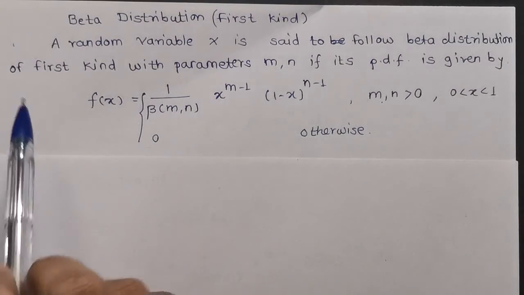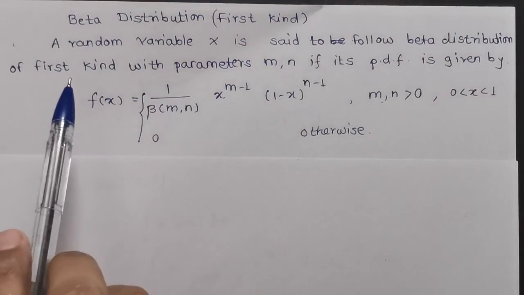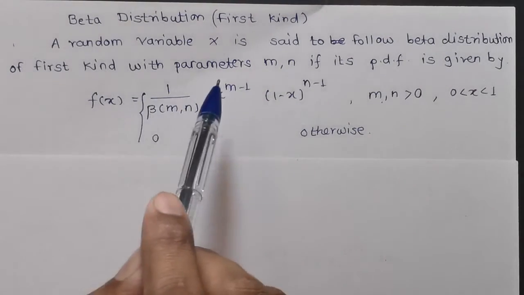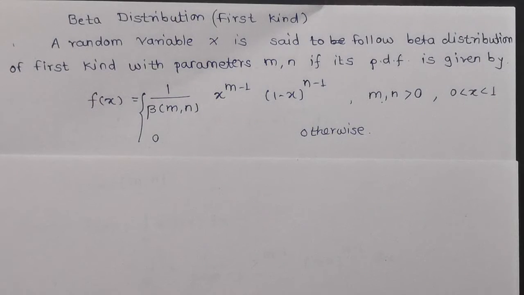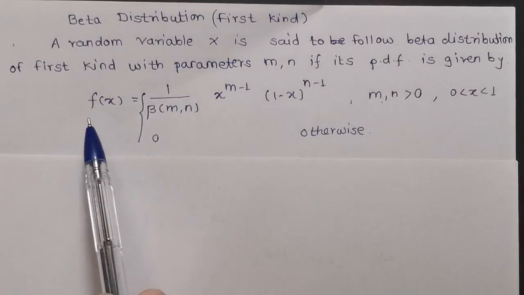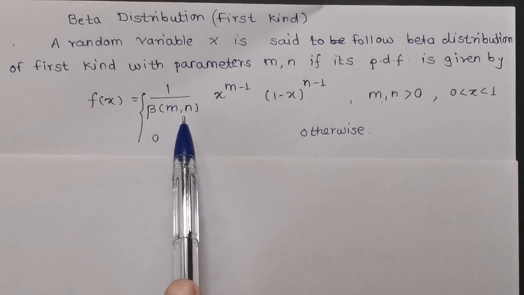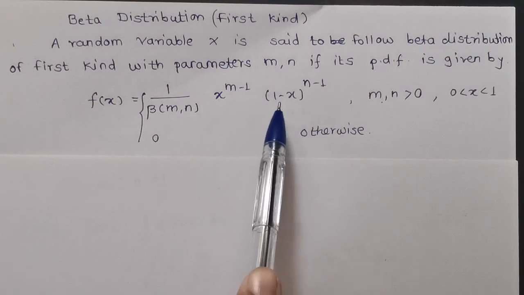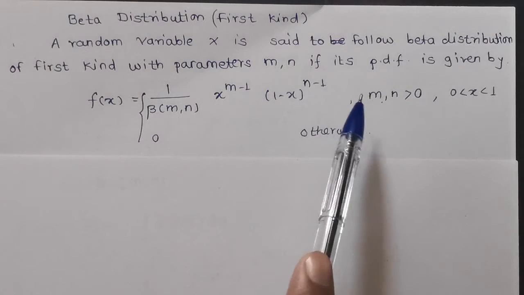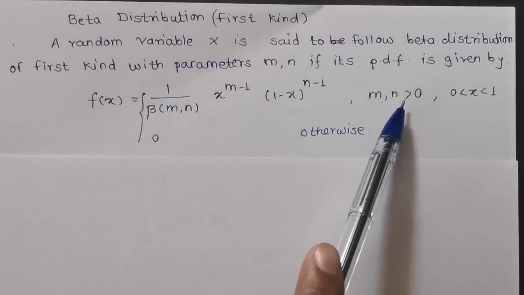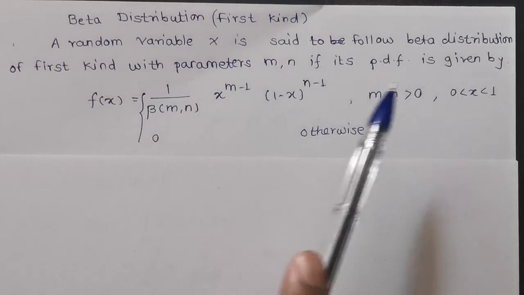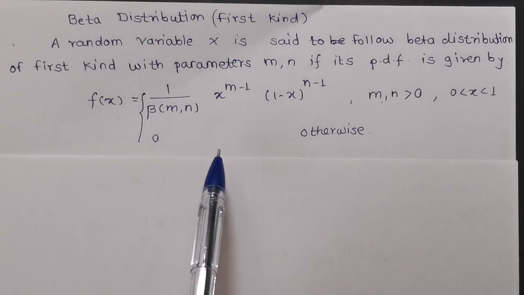A random variable x is said to follow beta distribution of first kind with parameters m, n if its probability density function is given by f of x is equal to 1 upon beta(m,n) x raised to m minus 1, (1 minus x) raised to n minus 1, where m, n are positive and x lies between 0 to 1, 0 otherwise.